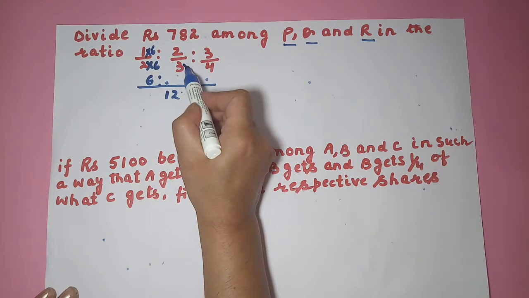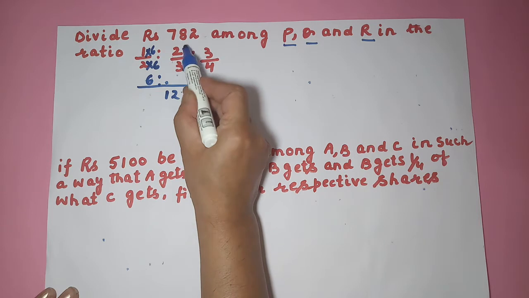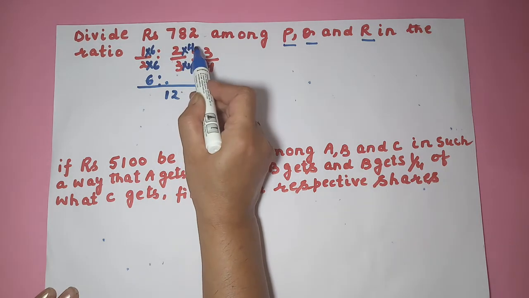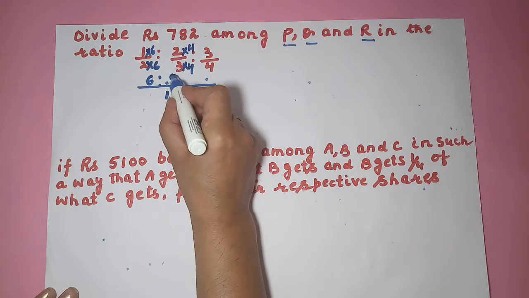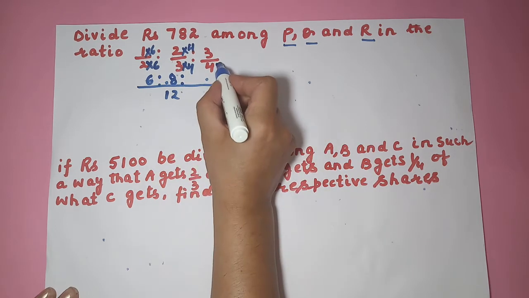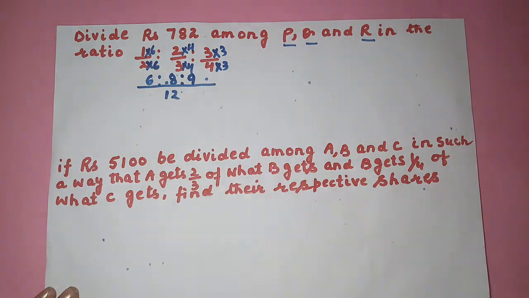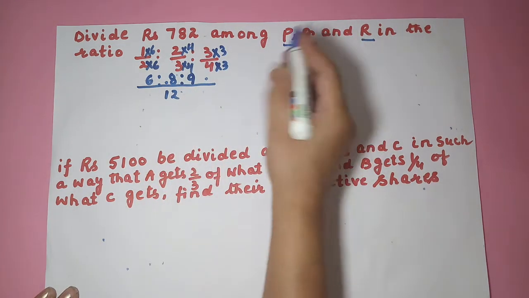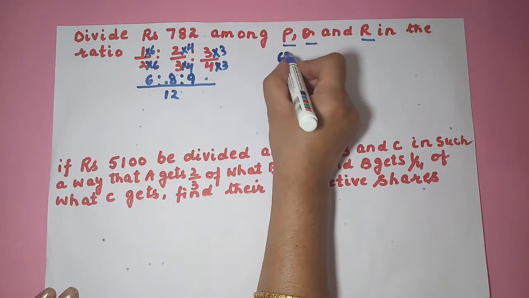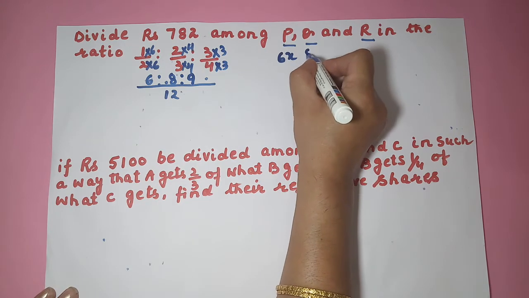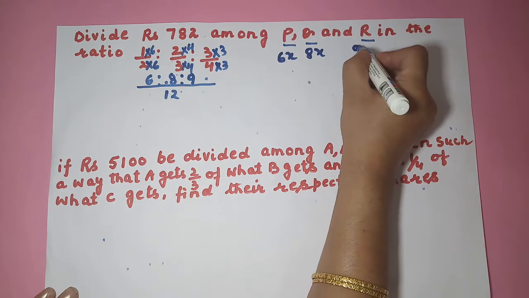Now here 4 into 4. So 2 into 4 becomes 8 is 2 into 3 into 3. So this becomes 9, right? So P's share is now 6x, Q's share is 8x and R's share is 9x.